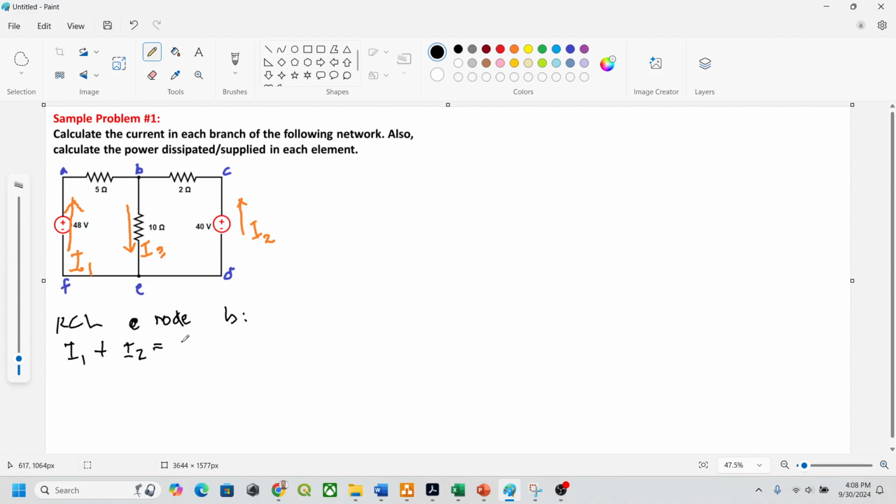So that's I3, right? This will be our equation number one.